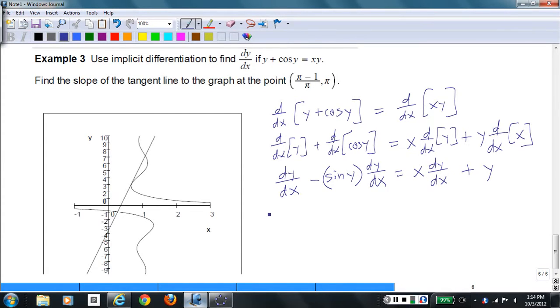So the dy/dx I'll leave where it is. The minus sine y dy/dx I'll leave where it is. And the x dy/dx I will subtract from both sides to have minus x dy/dx and then nothing but y on the right-hand side.